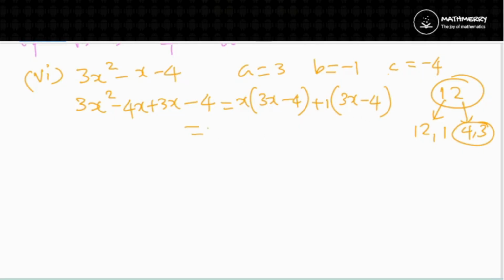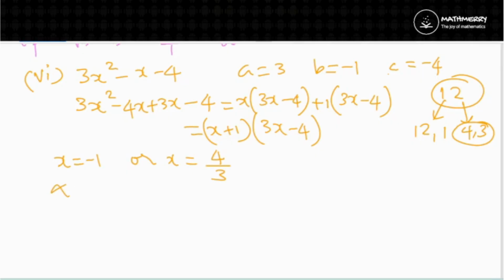So this will become x plus 1 into 3x minus 4. Now if you are putting zeros to the given polynomial, then we will get either x equal to minus 1 or x equal to 4 by 3. So these are the values.